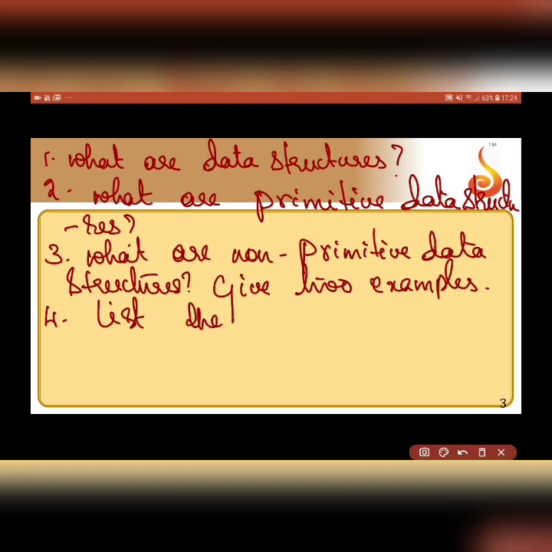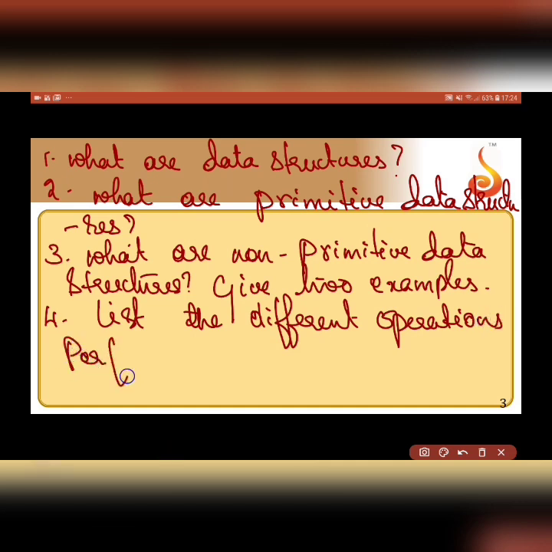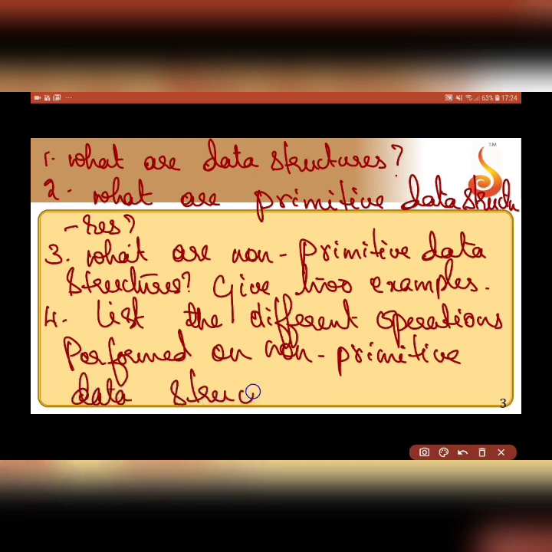List the operations performed on non-primitive data structures. Please make a note of this.